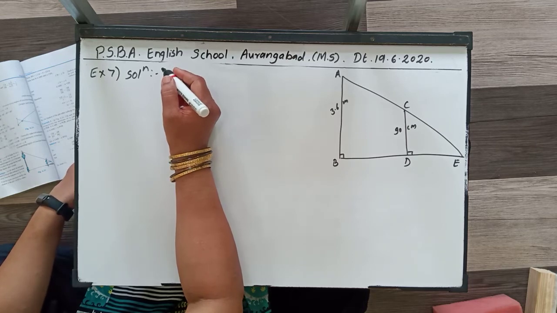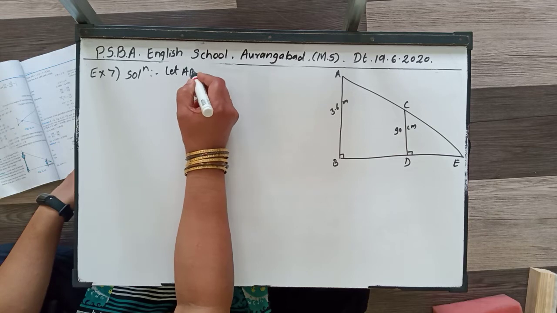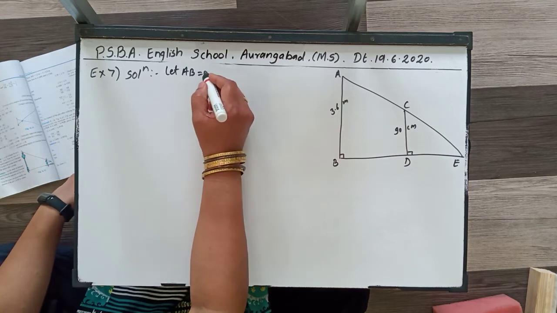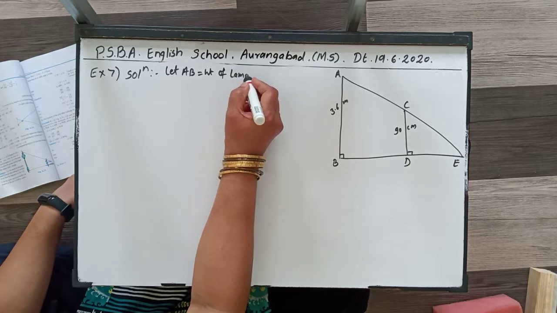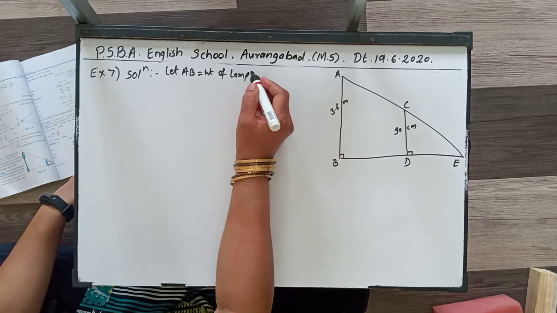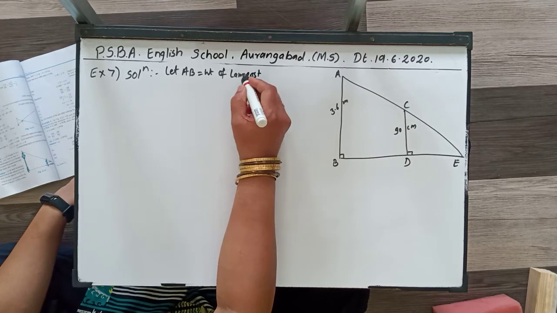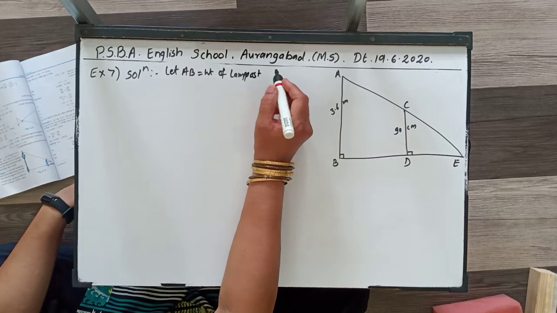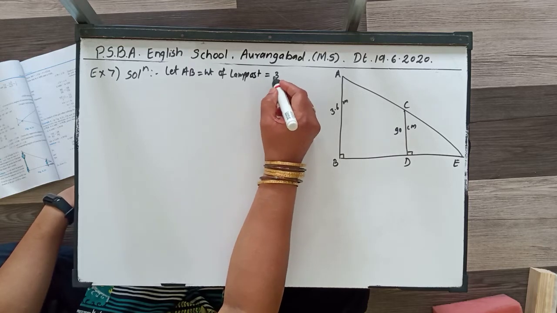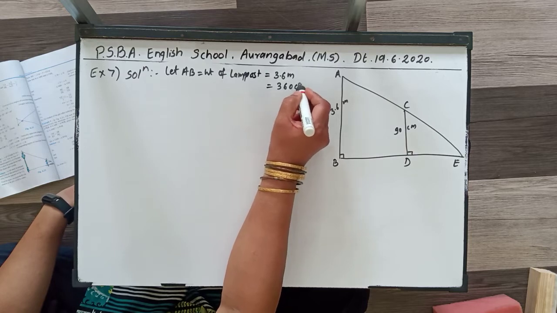Correct? So here let AB be equal to the height of the lamp post. Correct? Lamp post is equal to 3.6 meter is equal to 360 centimeter.